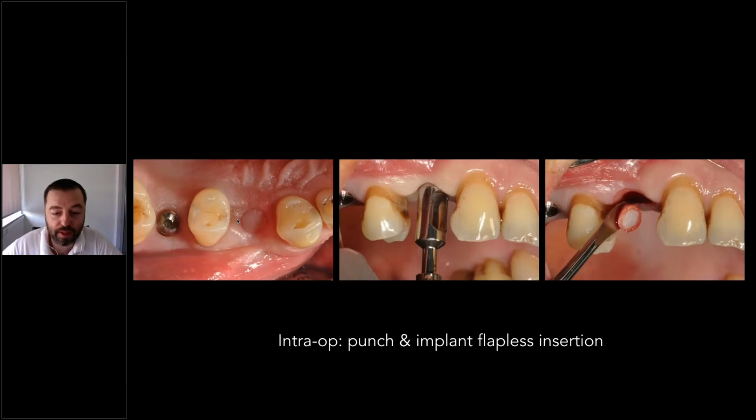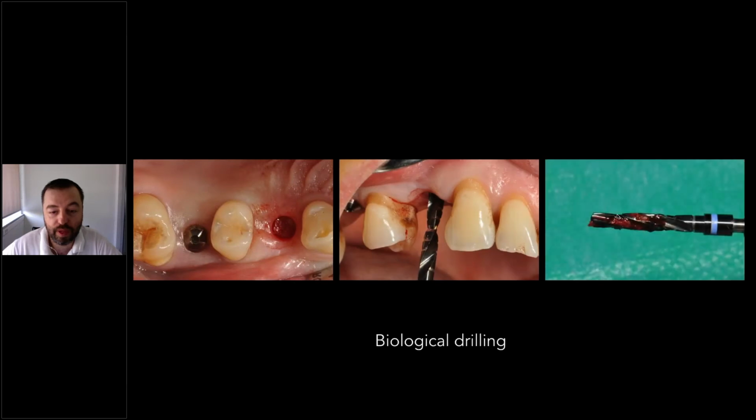A little bit about the sequences: the punch, the implant insertion. This is very friendly for the patient. And the biological drilling, with a low speed, and we can also collect some autogenous bone if we need.